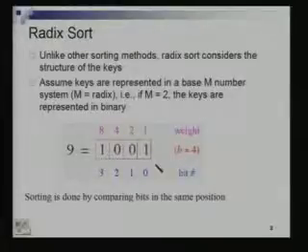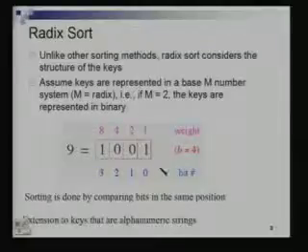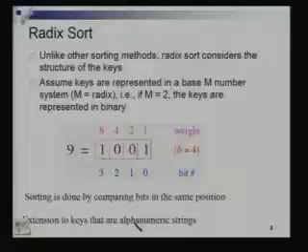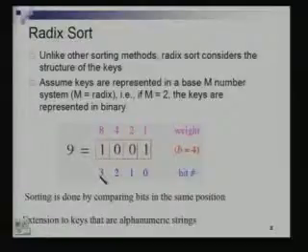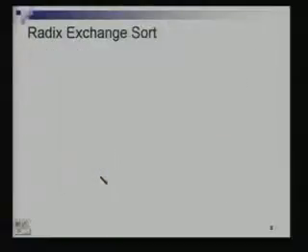We'll see all of that in a second. And this idea can be extended when the keys are alphanumeric strings also, not just numbers like this, but names of people or some such thing. You can use the same idea to do sorting on that, and we'll see how.